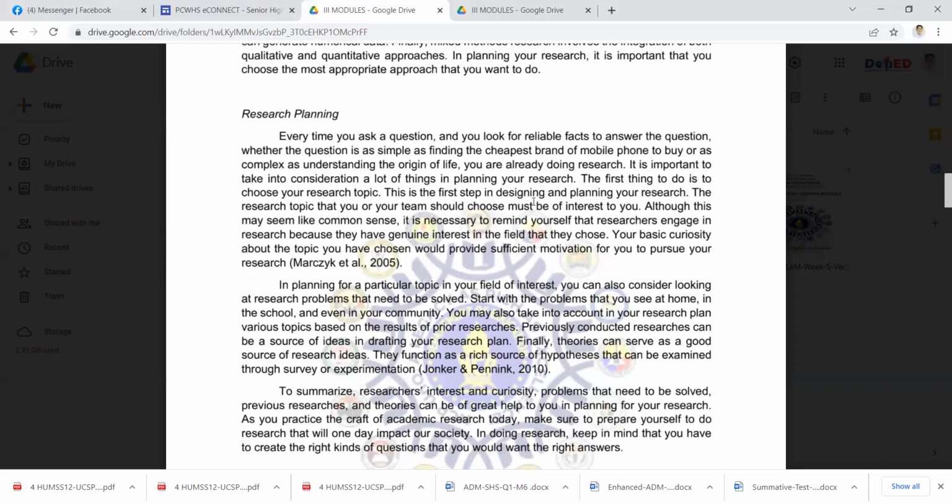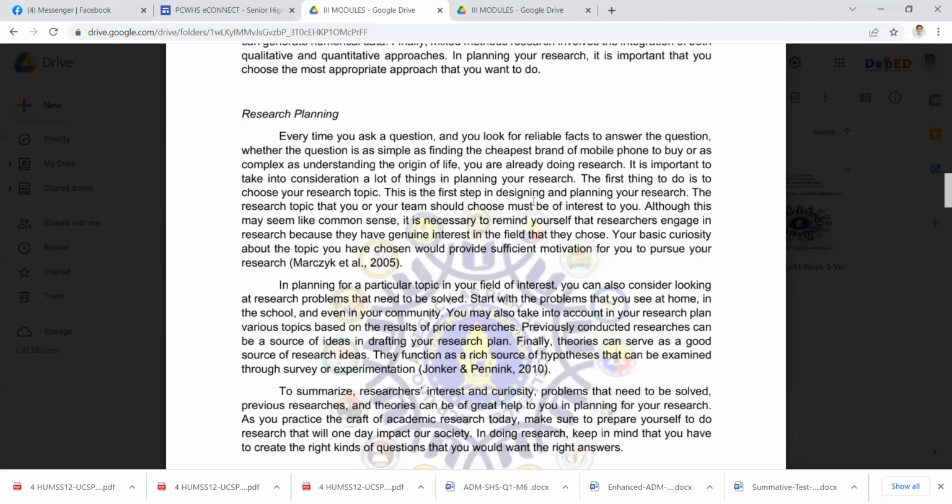Previously conducted researches can be a source of ideas in drafting your research plan. Actually, in my case, I suggest you find literature first before you conduct a study. But you have to establish a topic. Dapat meron kayong topic and then gather the literature.